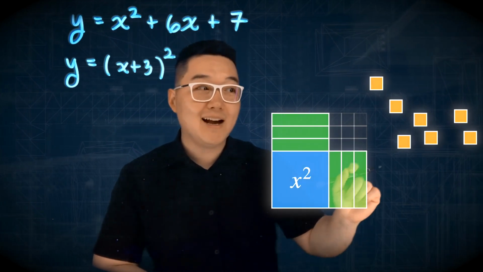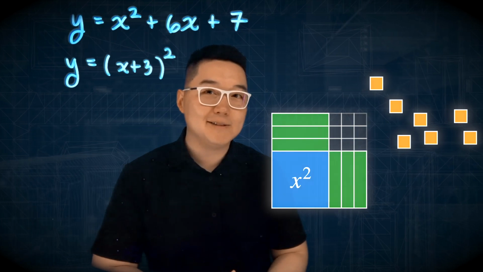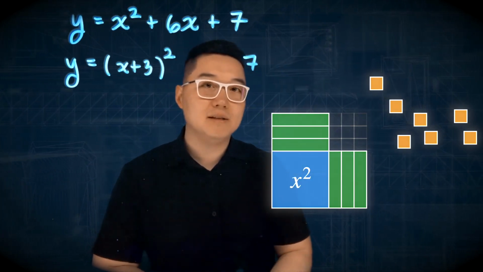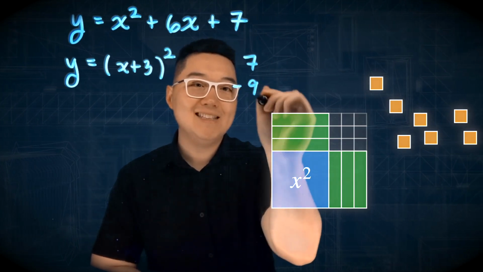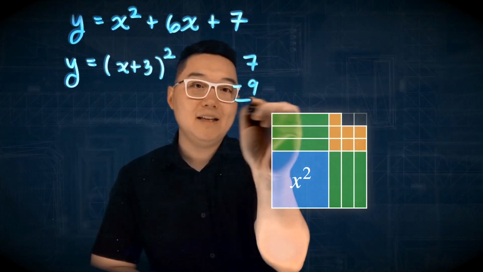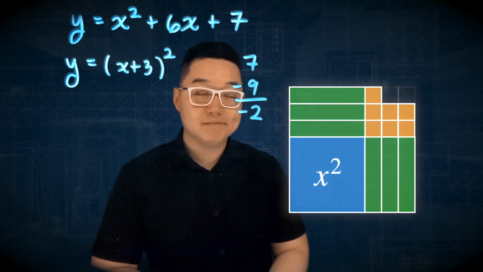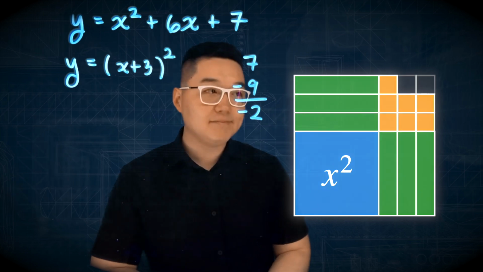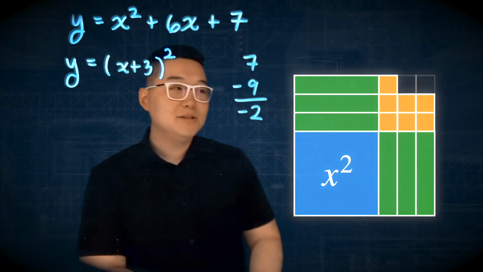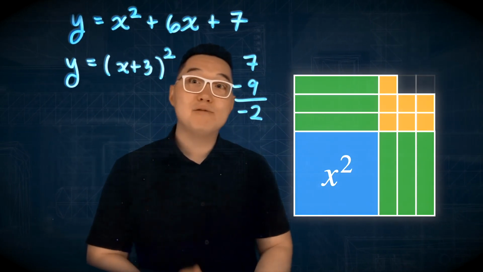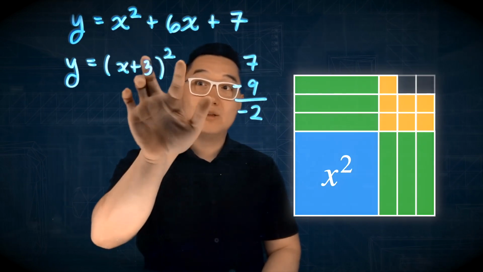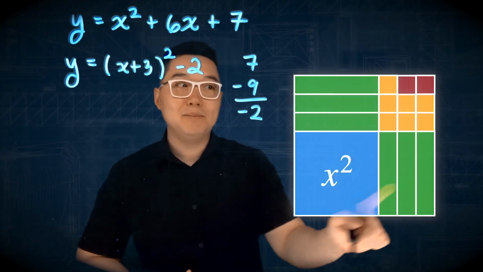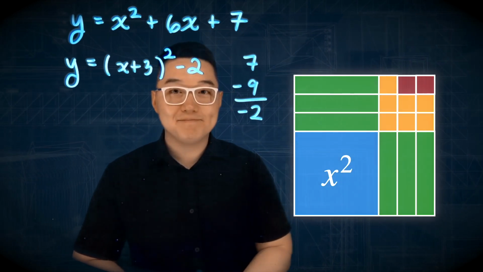So it looks like I need to borrow some tiles. If I have 7 but need 9, I need to borrow 2 more, because 2 of them are missing. So we can now write this as x plus 3 squared, but I need to borrow 2 more to complete that square.